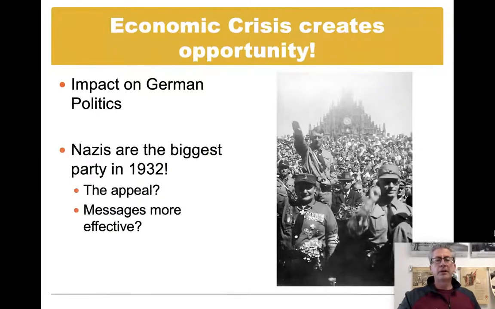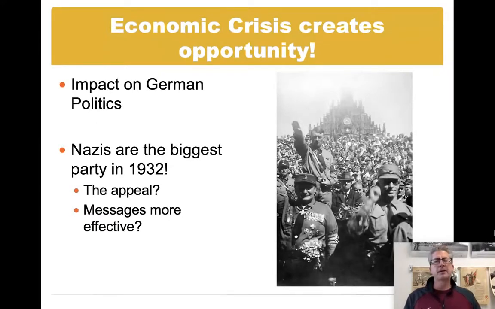Now, what is going to present itself for Hitler and the Nazis to vault into national political success is the economic crisis. It is the crash that sparks the Great Depression, which puts Germany once again in a critical economic state.